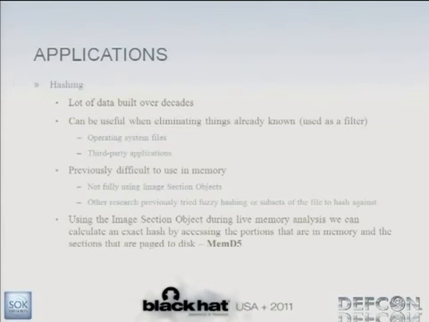There have been some efforts in the past, not my research, but others, who've done fuzzy hashing and things like that in order to try to make the hash that's found in memory match the hash on disk.